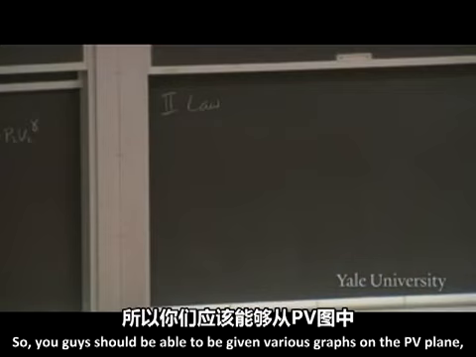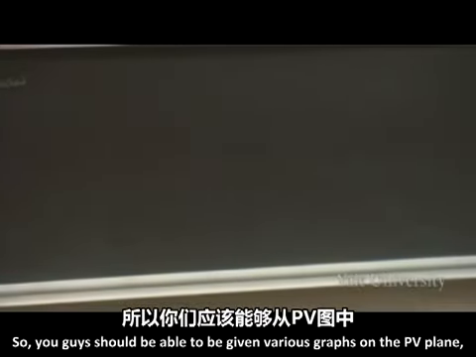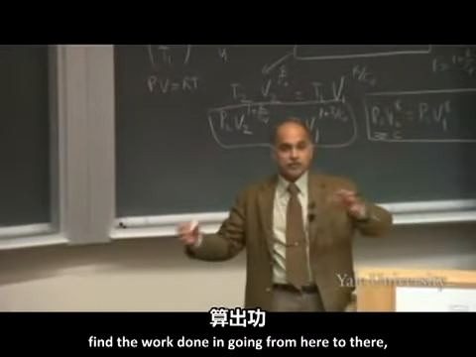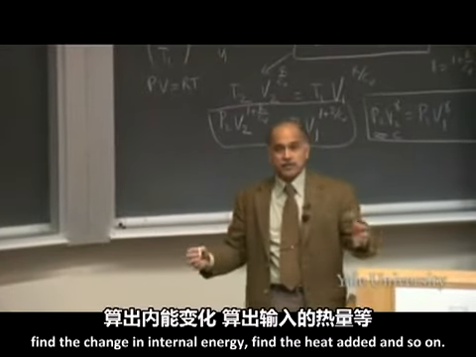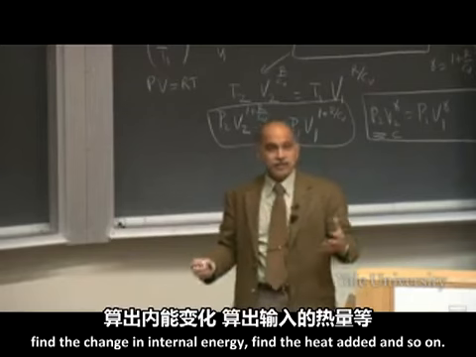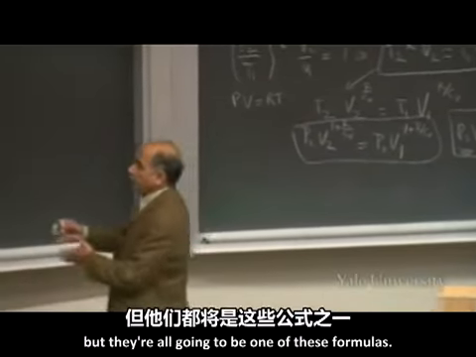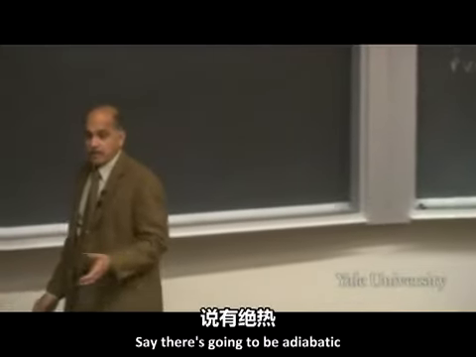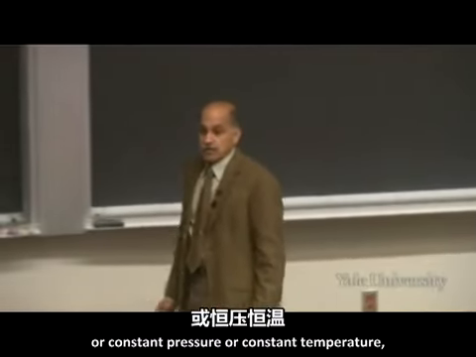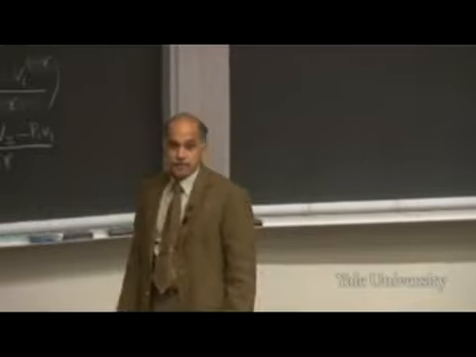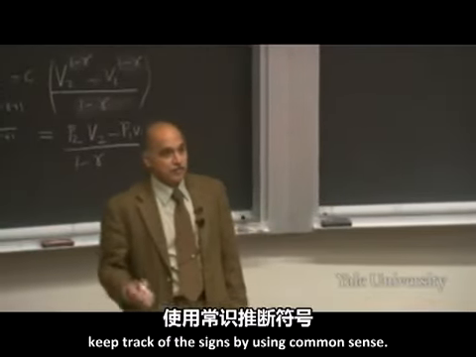So you should be able to be given various graphs in the PV plane, find the work done going from here to there, find the change in internal energy, find the heat added, and so on. I hope you can do such problems. But they're all going to be one of these formulas. Either it's going to be adiabatic or constant pressure or constant temperature. So you just plug the numbers in. Keep track of the signs by using common sense.